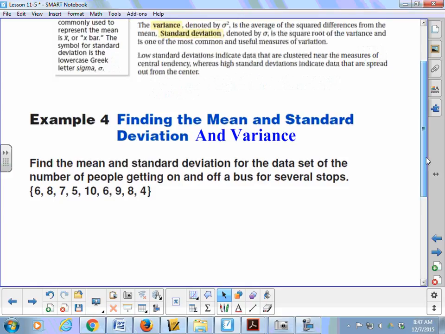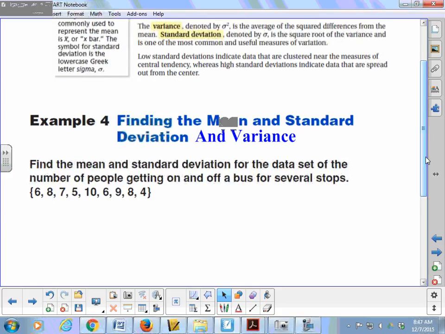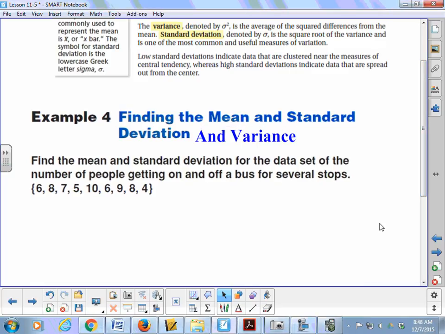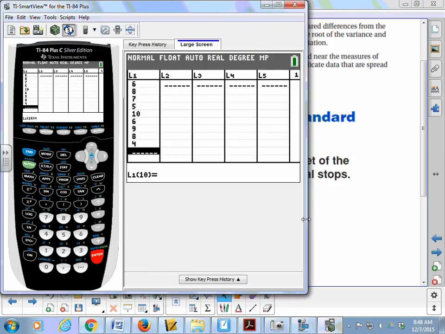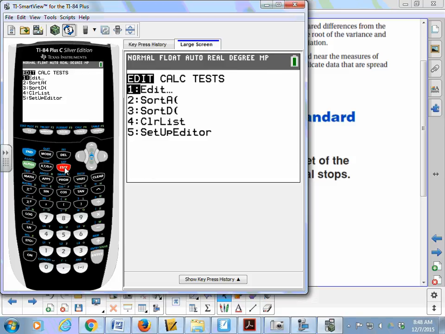So we're going to take this set of data, and I want you to put it in your list on your calculator. Remember, that's stat and edit. Okay, so we put the data in our list. And remember how we found the regression? When we were doing regression from lesson 6 from chapter 9, we went to stat and then over to calc.